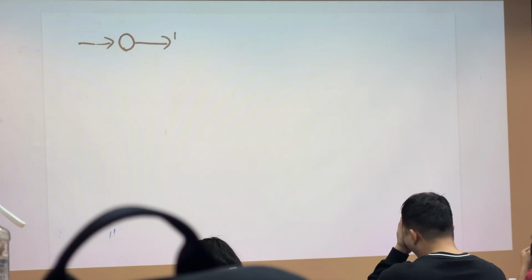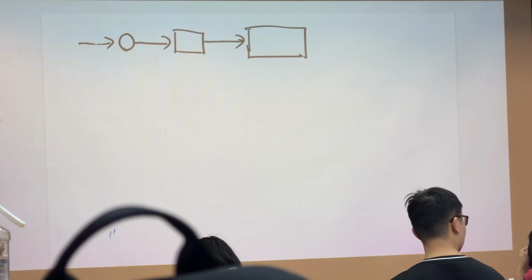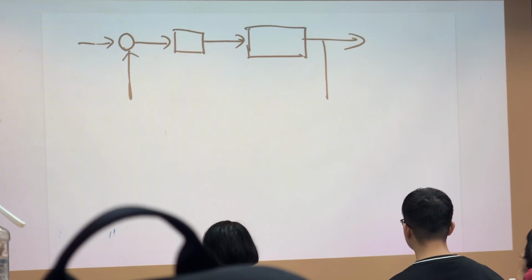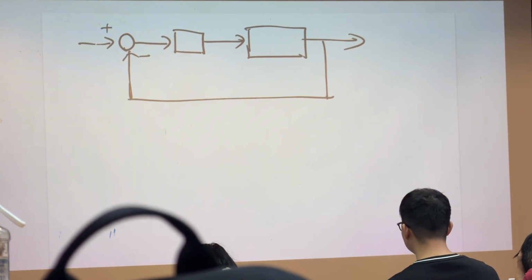So for automatic control, let's say we have a system, and we have a feedback, let's say it's a unit feedback. Here, if we have U or R, this is U, okay?